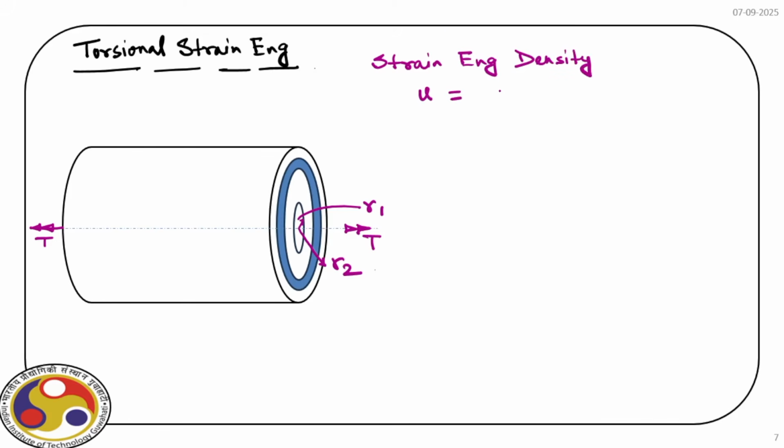Again, it is not the displacement. The strain energy density here is half times tau times gamma.